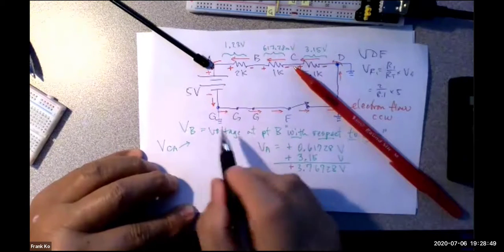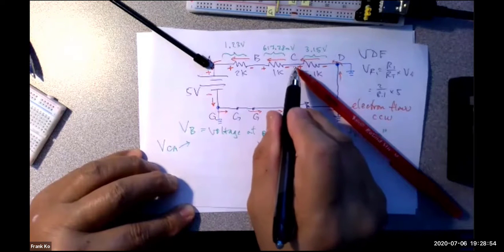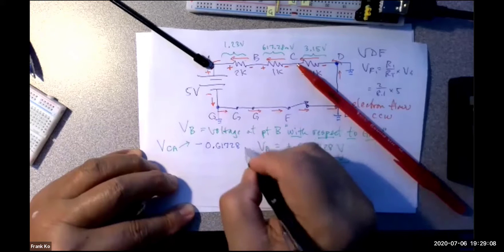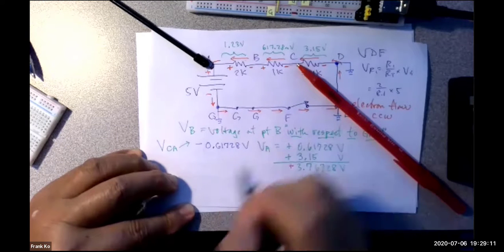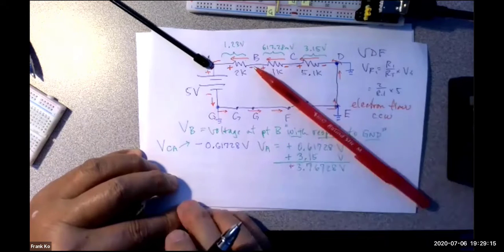One method is to start at the red probe. What does the red probe see as we pull it towards the black probe? Go ahead and call that out, Harpreet. It should be a negative 617.28 millivolts, or I can write it as a decimal, same thing. And then we've gone through that. Then what do we encounter? Negative 1.23.